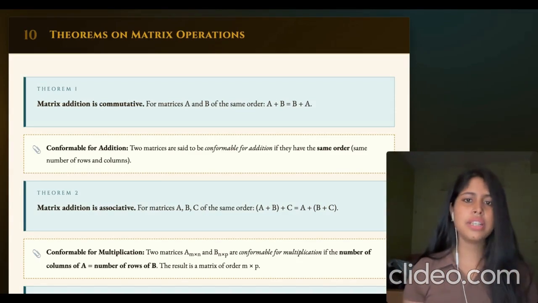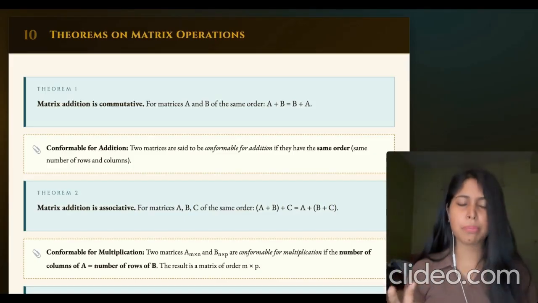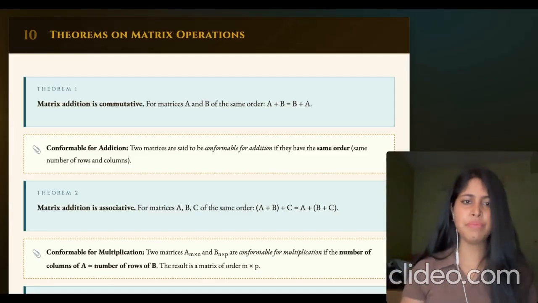What I am basically saying is that only when the number of columns of A equals the number of rows in B, this result will hold and we can do the multiplication.